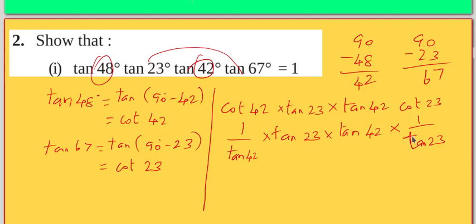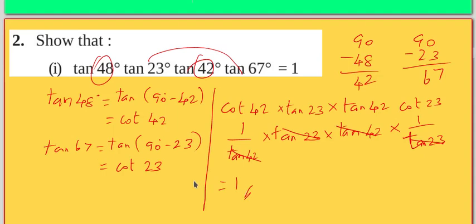See now, tan 42 is in the denominator and tan 42 in the numerator, and everything is in multiplication, so these two get cancelled and these two get cancelled. Everything has cancelled, 1 divided by 1 becomes 1 itself. So we have shown that this product equals 1.